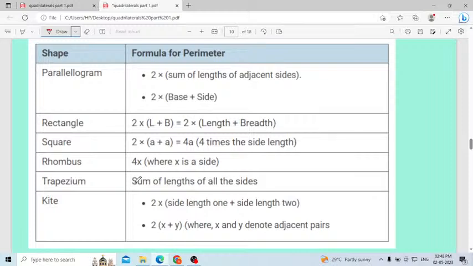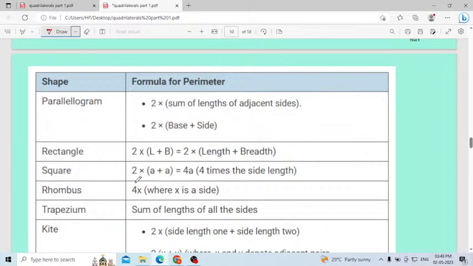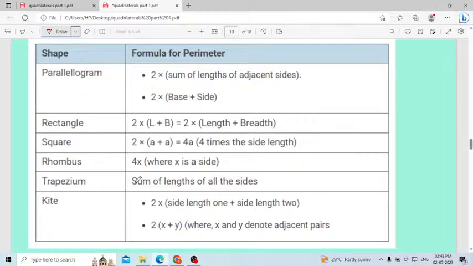No one is there in the live. That's why I'm not able to ask the question. Can you hear the voice? Is my voice clear? Okay, okay, Smita. Don't worry, I explained only the very basics of what is meant by a quadrilateral, rectangle. Then the differences between all four types of quadrilateral I explained.